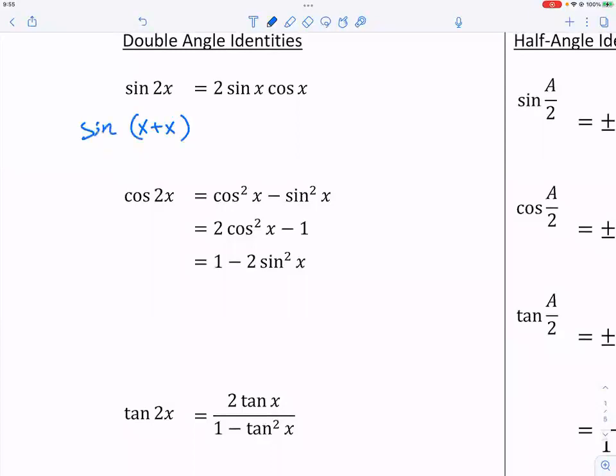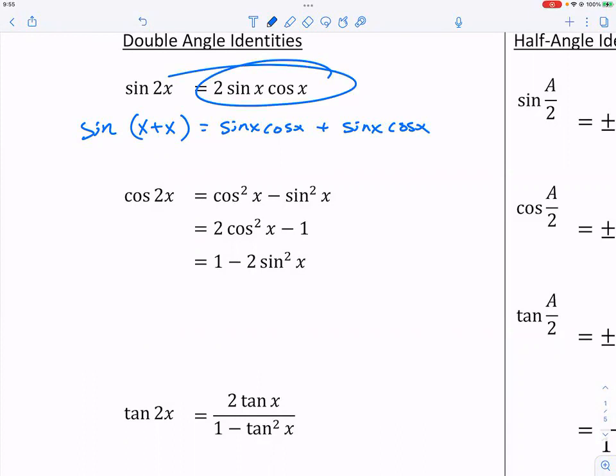So if you say, hey, I can look at 2x as x plus x, and I also know the identity for the sum. So that is sine x cosine x plus sine x cosine x. And that's why you have 2 sine x cosine x.